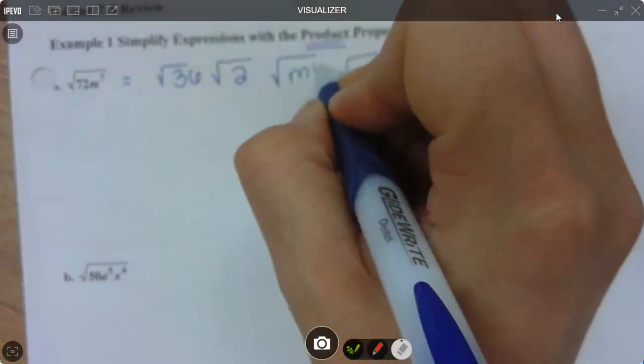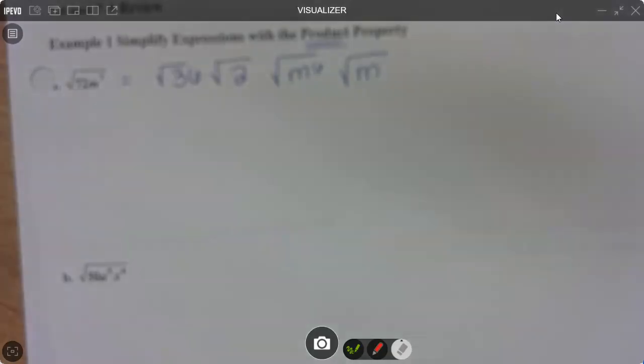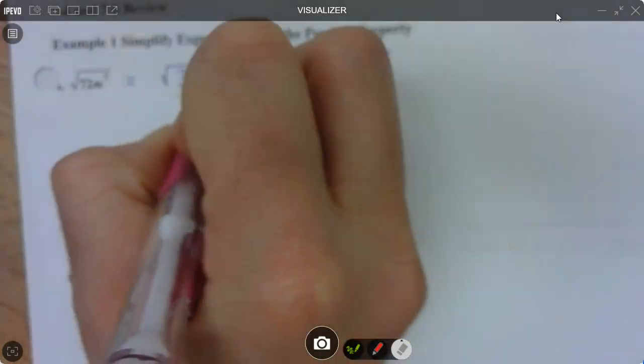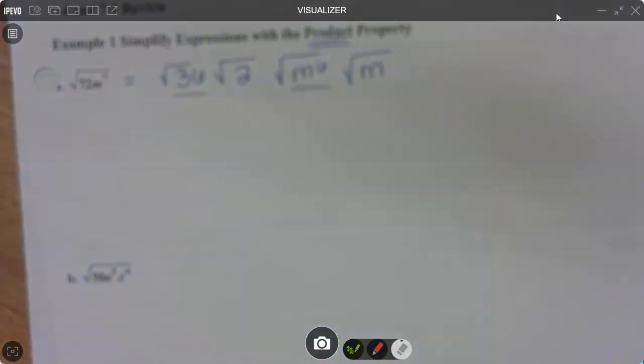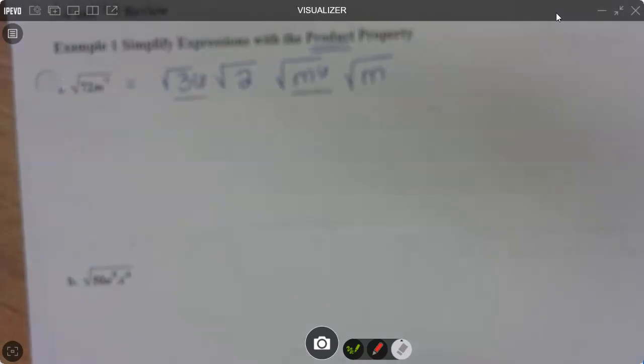M to the 7 you'd want to think of as m^6 and m. That creates for you two perfect squares in the front, and a set of perfect squares can be simplified. So 36 and m^6 are perfect squares.